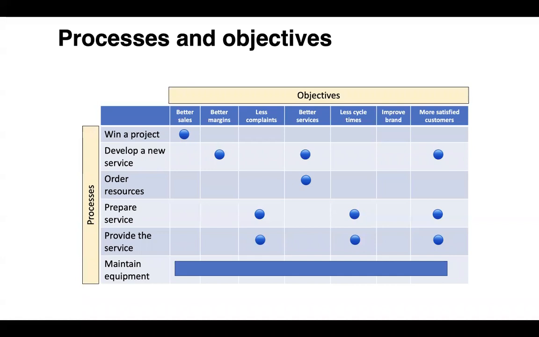So in the matrix above, also, improve brand seems impossible, so there is no process to meet that objective. So strange. Sometimes I see organizations assuming objectives, but I can't see any systematic process or processes to do that.